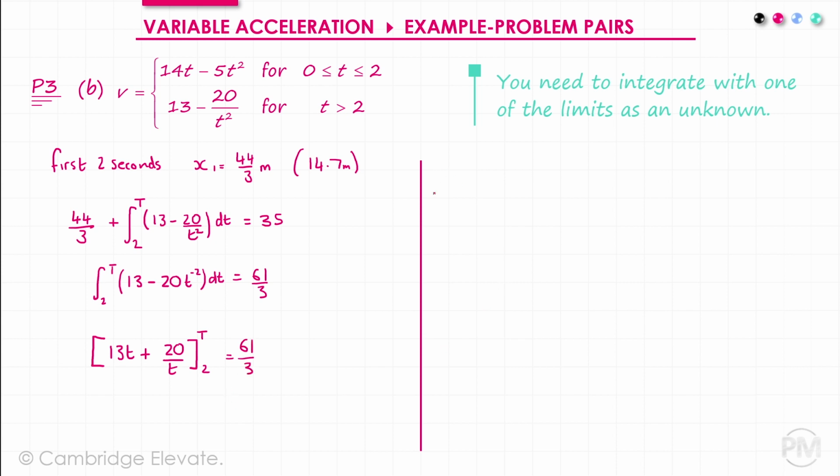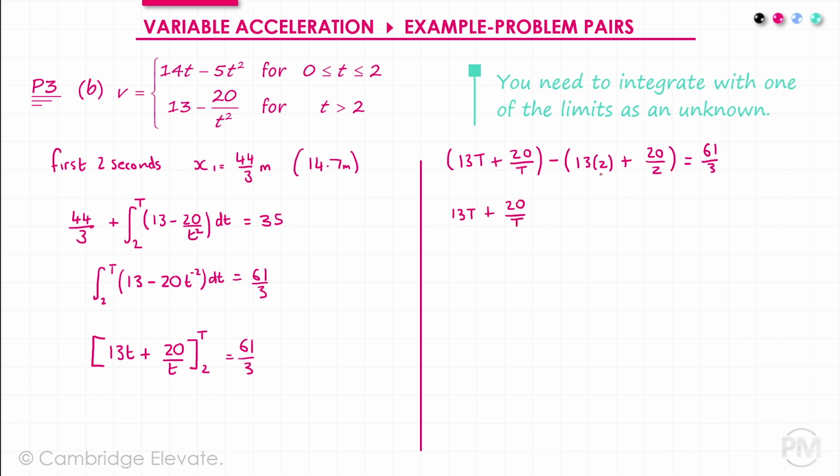Now we'll substitute in our limits. We'll substitute in capital T first. That gives us 13 big T plus 20 over big T. Substituting in the lower limit gives us 13 times 2 plus 20 over 2. Let's simplify everything down. We don't need these brackets at the beginning anymore.